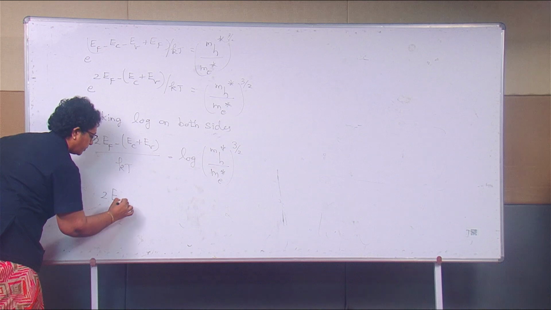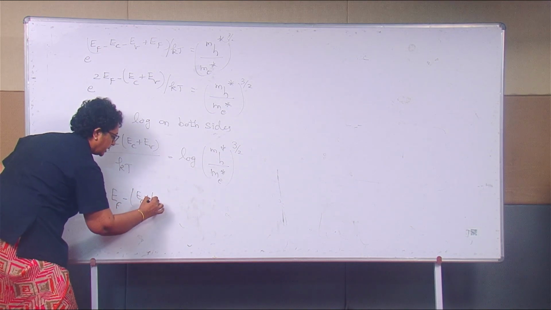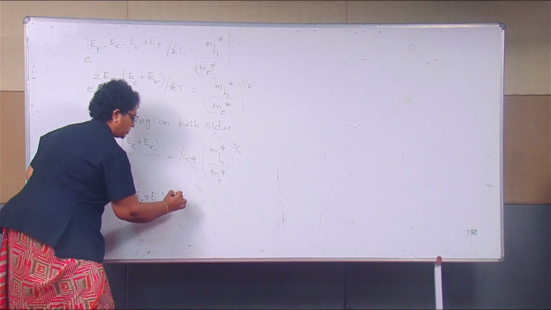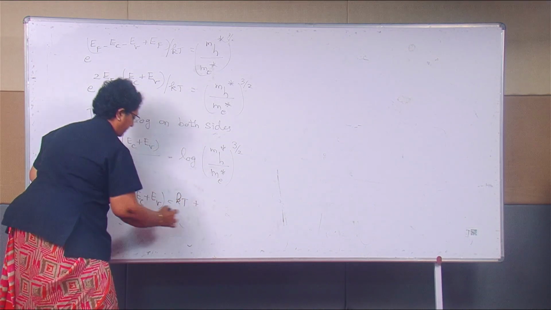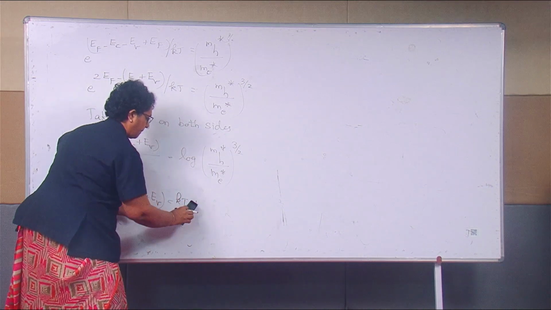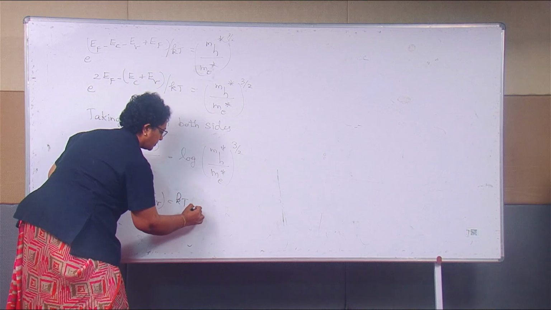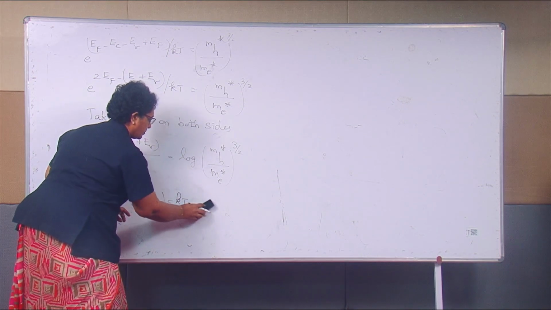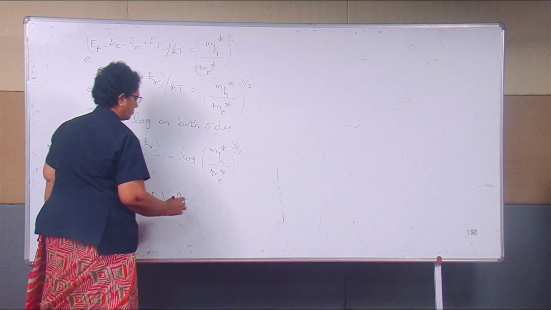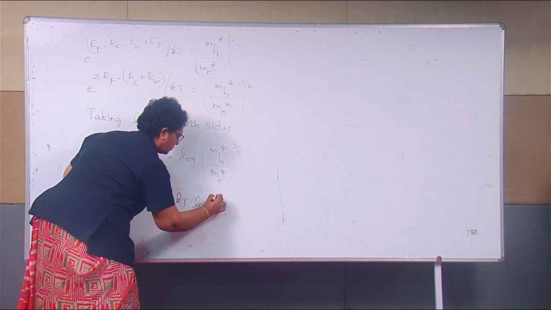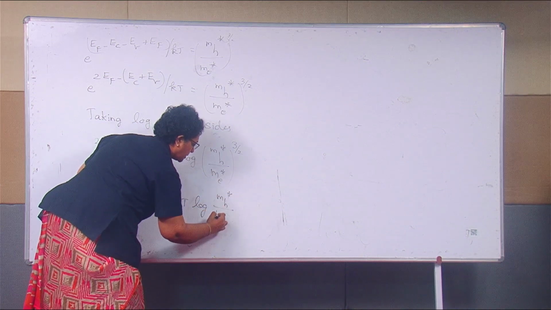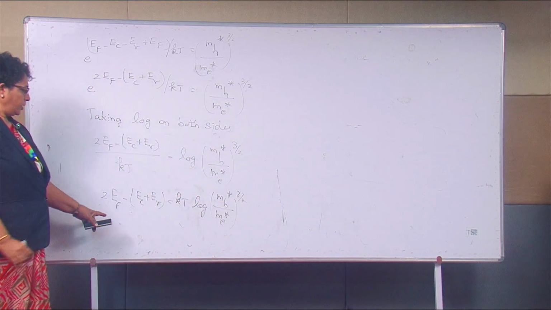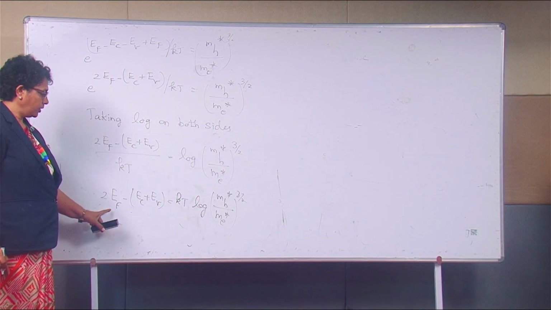So 2EF minus EC plus EV is equal to, so before that you can bring this KT, log of mh star by me star to the power 3 by 2. So now I need only EF alone on this side.